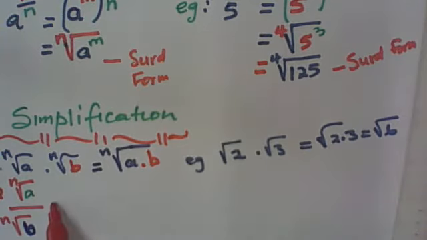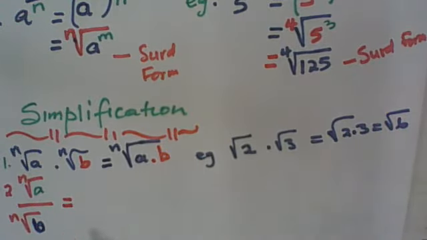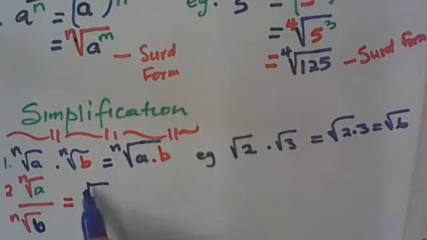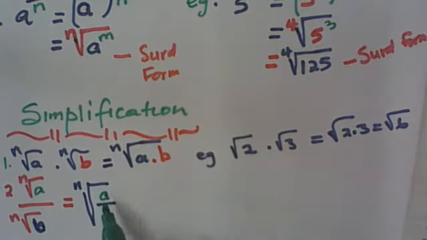The same applies. The nth root is common. So we are going to write a single nth root. The numerator is A, whereas the denominator is B. They are all under a common radical sign.